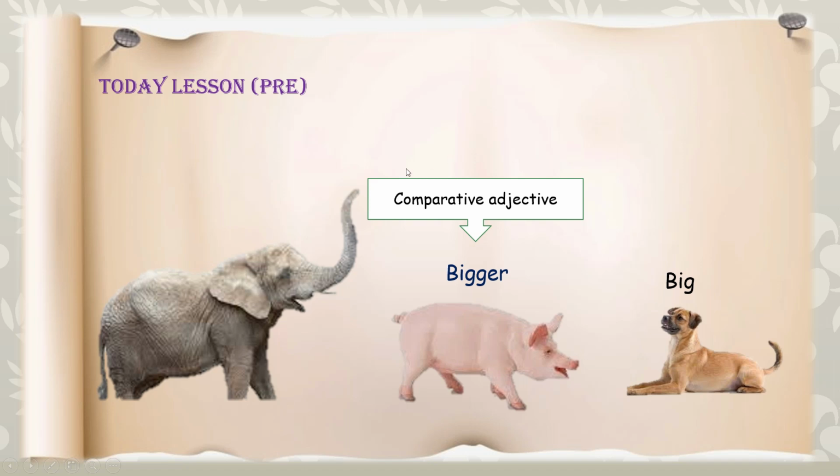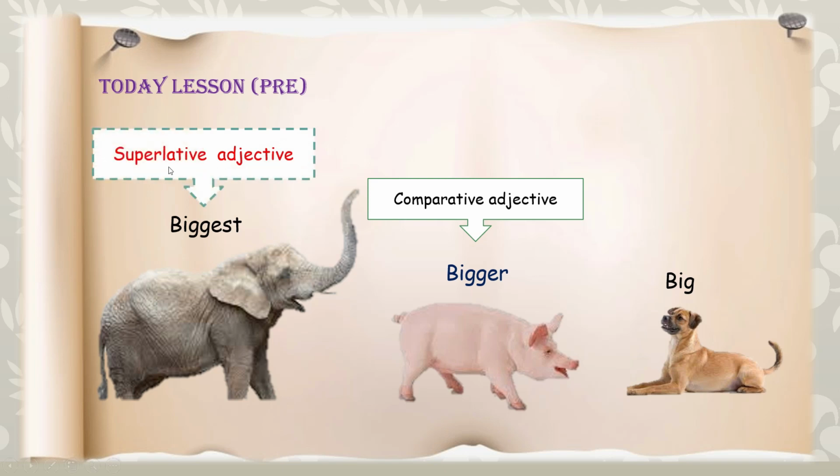But if we want to compare these three things, we want to say, yes, biggest. The elephant is the biggest among these three animals. The elephant is the biggest. The word biggest is a superlative adjective. It is what our lesson is about.